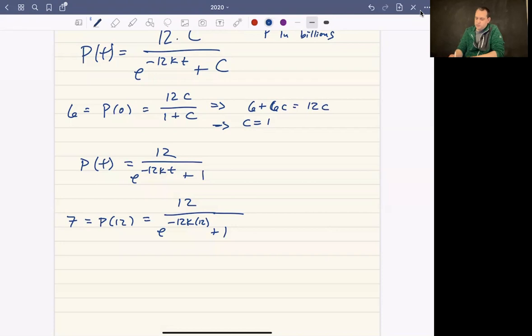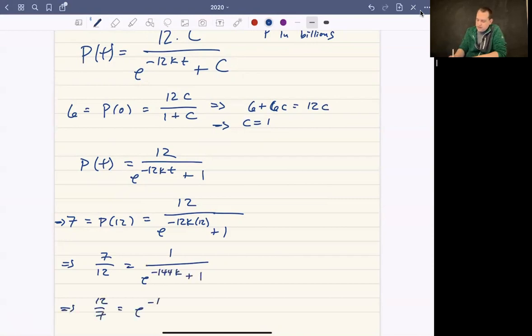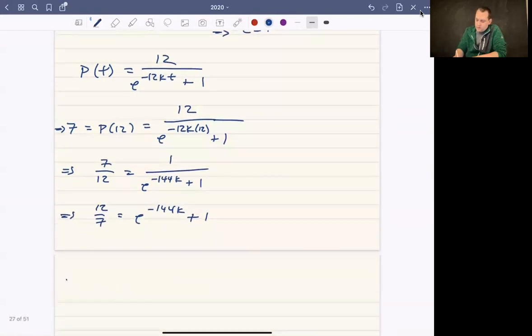We simplify: 7 twelfths is equal to 1 over e to the negative 144k plus 1. That means that 12 sevenths is e to the negative 144k plus 1. Therefore, e to the negative 144k is equal to 5 sevenths.